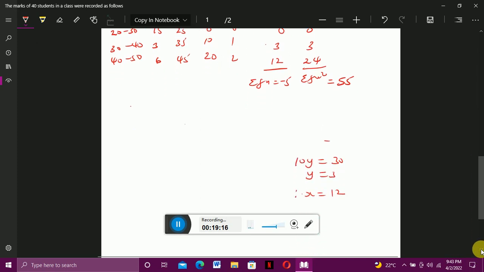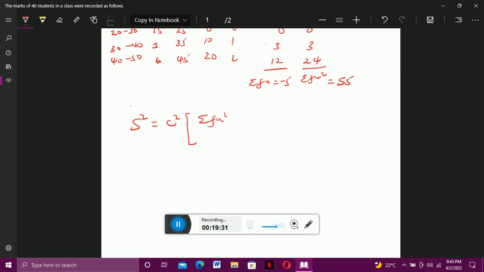So we need again to recall the formula for variance. The formula for variance using a coding method is s squared equals c squared times the sum of f u squared over sum of f, minus the sum of f u over sum of f, all that squared.